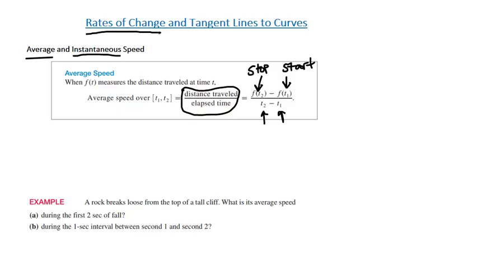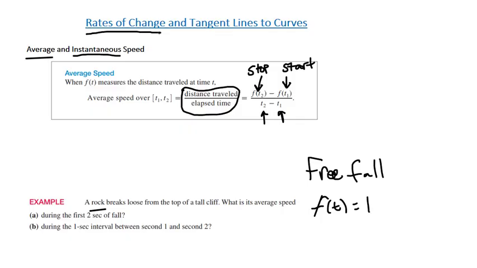For this first example, you have a rock that breaks loose from the top of a cliff. So a rock is falling. The formula that we would use here for F would be our free fall formula. It is F of t, some function of time passing. Imagine the object is falling, so as time passes, that distance changes.